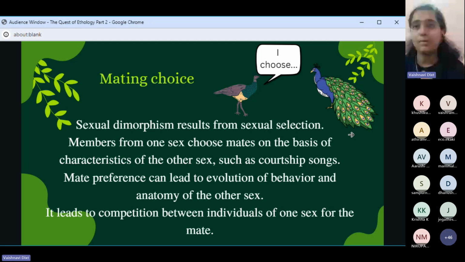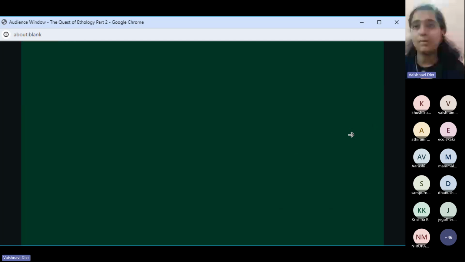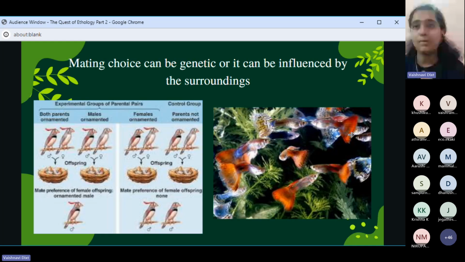Now, how is this mating choice influenced? It can either be influenced by the genes or by the surroundings. How? Let us see.